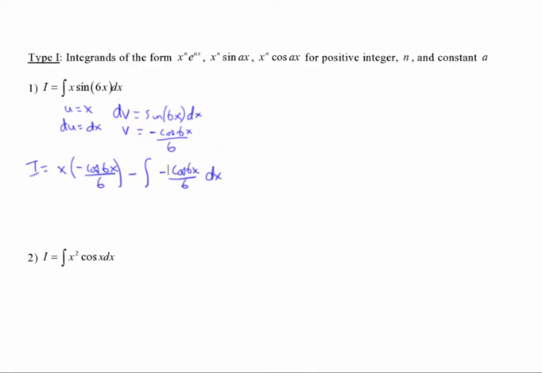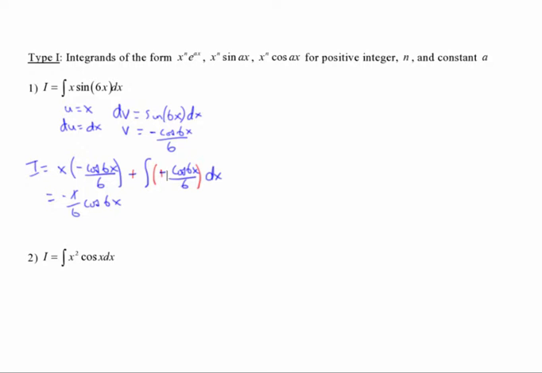Then let's put this in parentheses first, because we have that negative there. And we can simplify that part. Once we do, we have a fairly simple integral to find the antiderivative of. Over here we can just write negative x over 6 cosine of 6x.